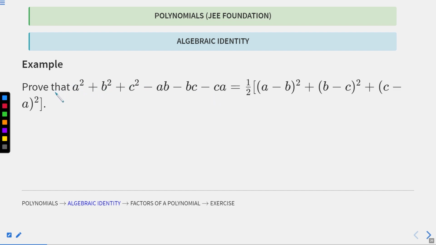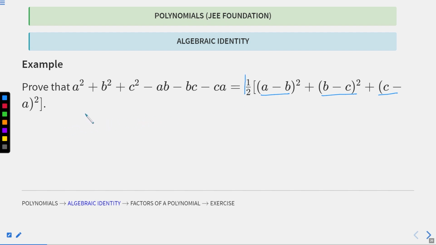Now in this question we have to prove that a square plus b square plus c square minus ab minus bc minus ca is equal to half of (a minus b) whole square plus (b minus c) whole square plus (c minus a) whole square. So just take the left hand side.